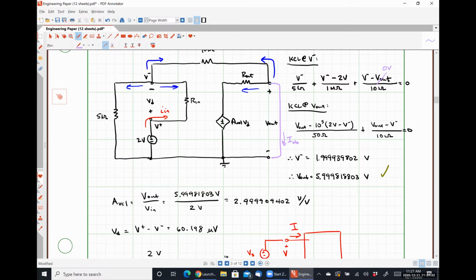So I could say that I Norton is going to be this current in purple plus this current in purple added together. So I'm saying that my Norton current is going to be me reevaluating this guy, AVOL times VD divided by R out plus V minus divided by 10 kilo ohms will give me my Norton current. Anybody have any questions, comments, concerns about what I'm doing there or why I'm doing it?